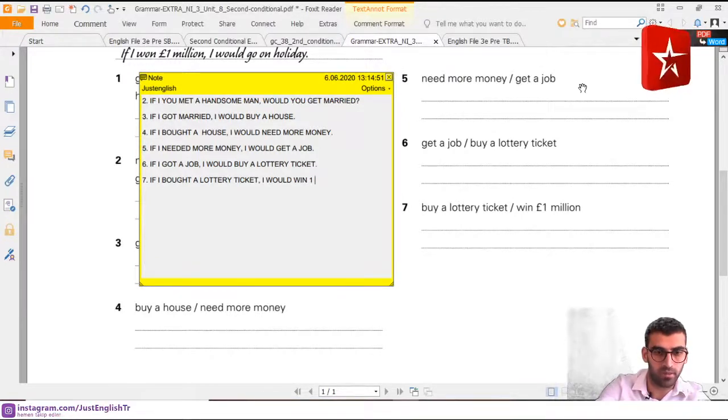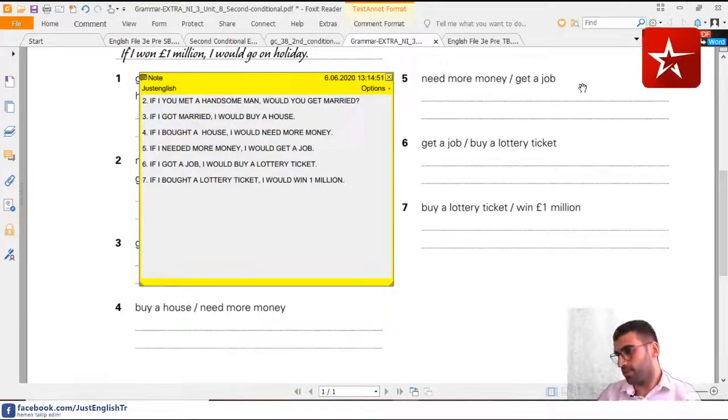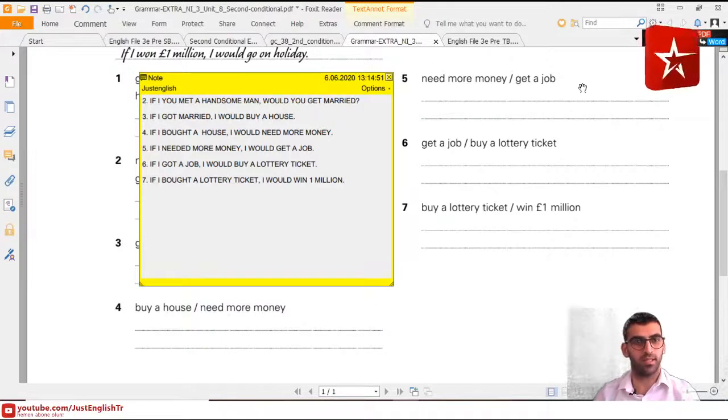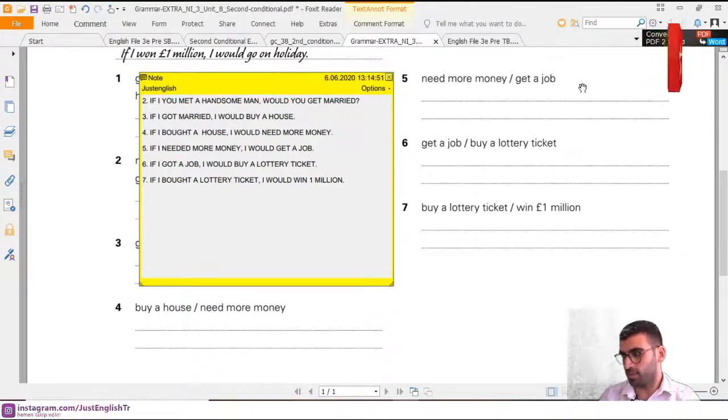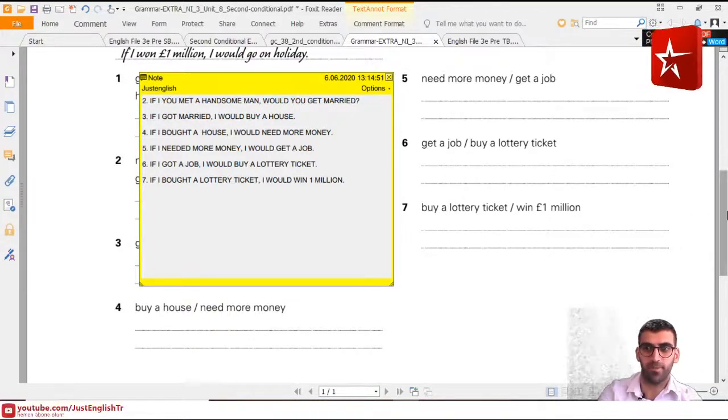I couldn't find it. Okay, I will write just 1 million. Do you believe that it is possible, Azme says, if you bought a lottery ticket, you would win 1 million pound sterling? Yeah, why not?